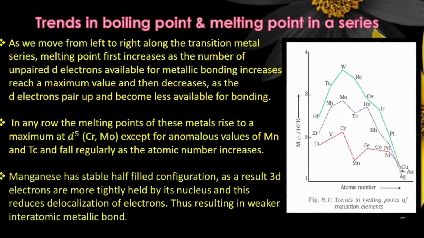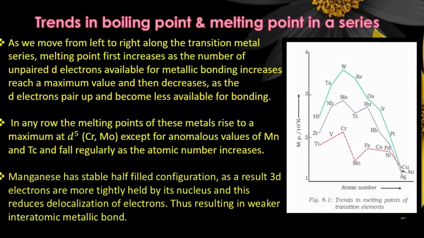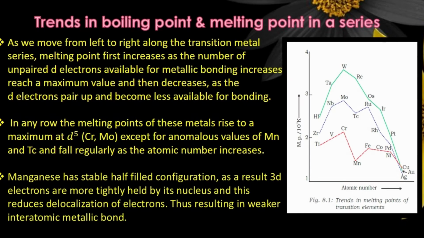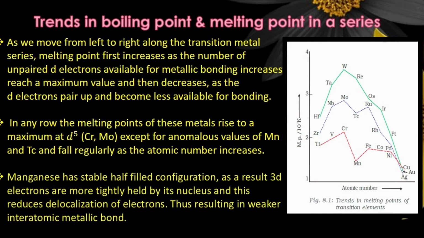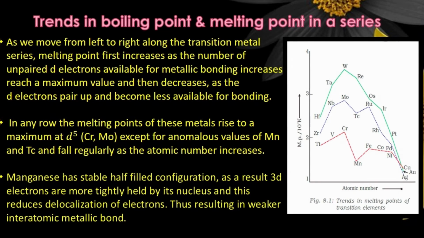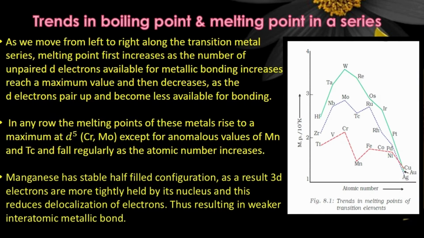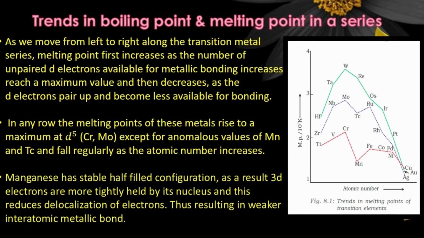You may ask why manganese has a lower melting point though it has many unpaired electrons. Manganese has a half-filled electronic configuration, and we know a half-filled electronic configuration is more stable.